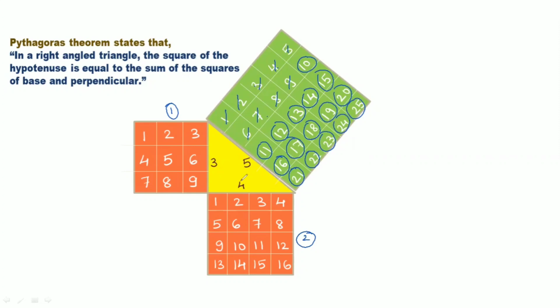So the first 9 squares are fitted here and the remaining squares have also fitted here, which means that the sum of the areas of these two squares, square 1 and square 2, will exactly fit this big square.